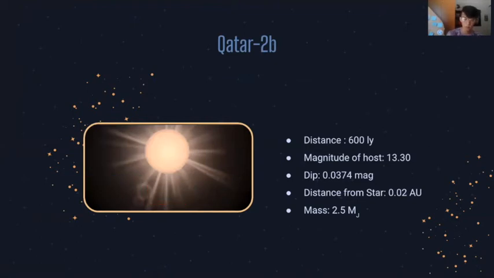The distance from the star for Qatar-2b is 0.02 astronomical units. Its mass is also very high, at 2.5 Jupiter masses, and it's very close to the star as well, so it'll create a big dip. There's also a very small period.